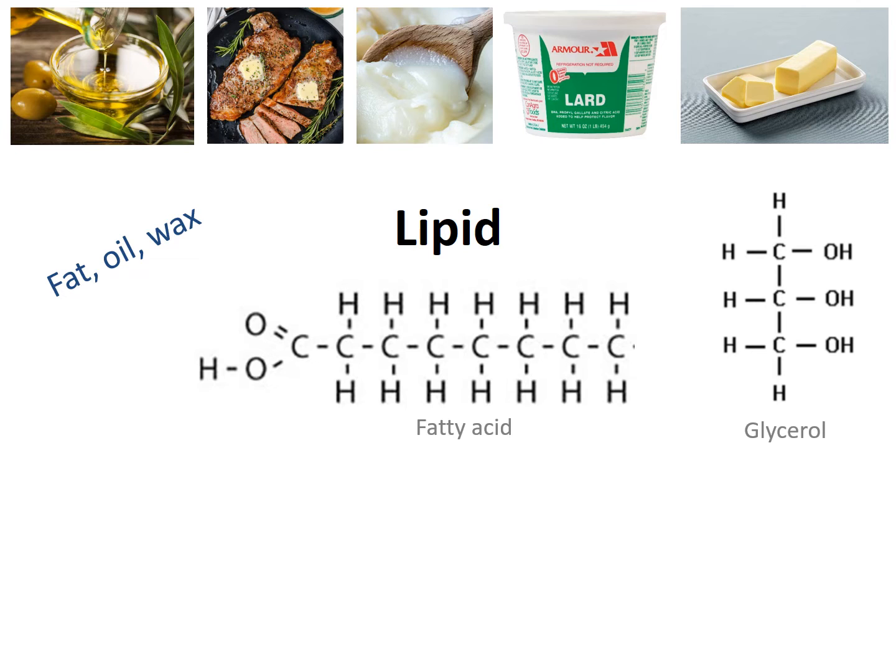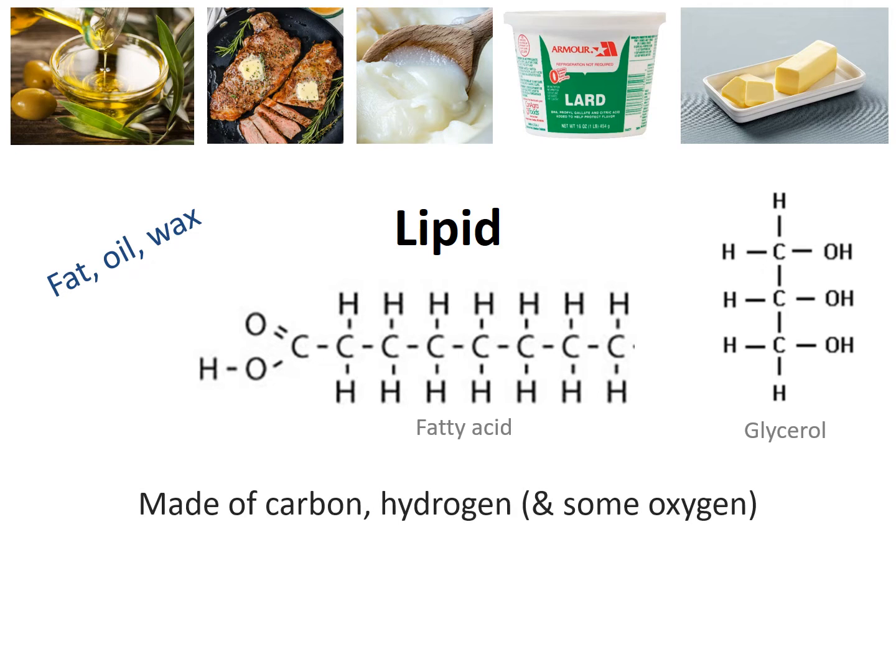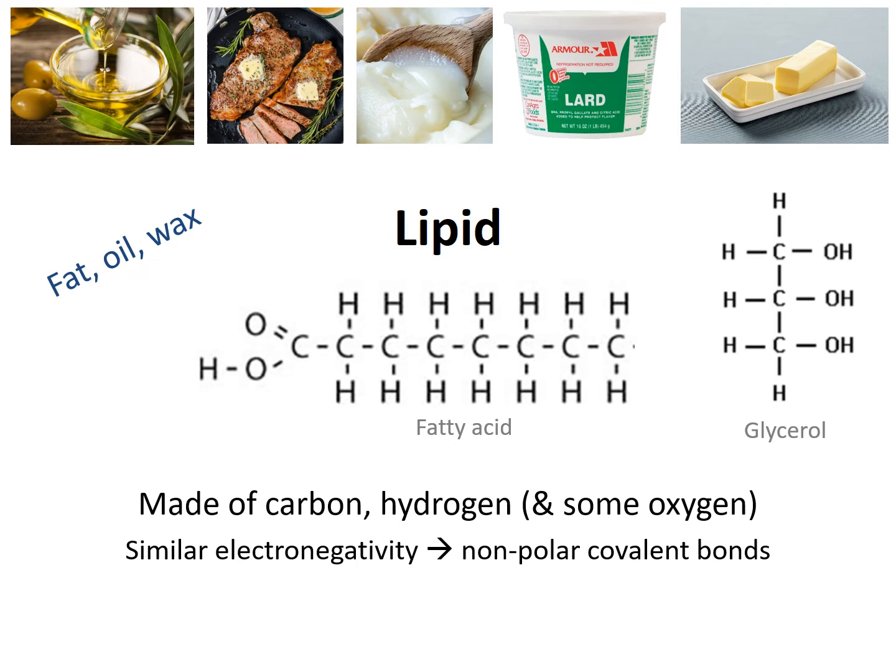It is also rich in carbons and hydrogens. Because lipids are mostly comprised of carbons and hydrogens with some oxygen thrown in, and carbon and hydrogen have similar electronegativity values on the Pauling scale, they create a lot of non-polar covalent bonds, so lipid molecules are extremely hydrophobic. And recall that that means they do not mix with water.